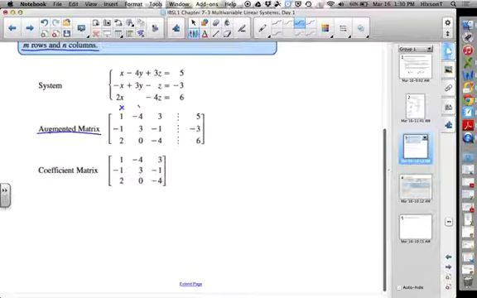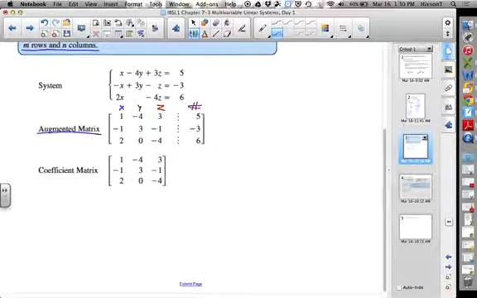So we make a column out of those. Then we take the coefficients of z and put those in their own column. And then the constants are their own column as well. Those are just numbers. We put the dots in.